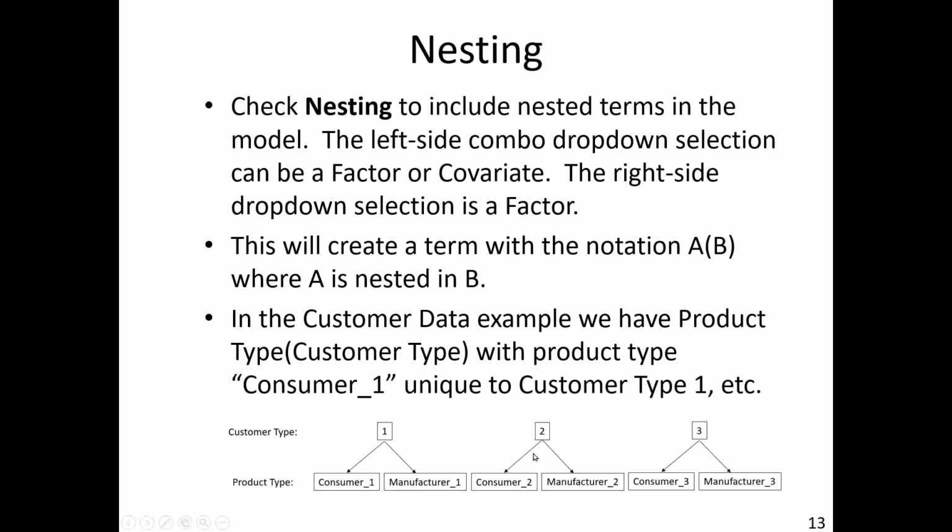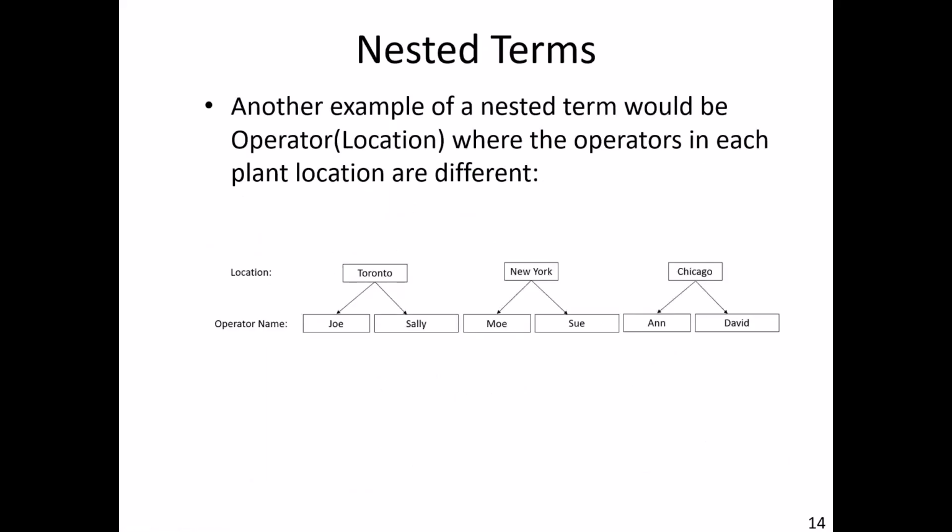Then you have consumer two, which is consumer nested within customer type two, and manufacturer nested within customer type two, consumer nested within three, and manufacturer nested within three. All right, so that's the example that we'll be using. Another example is if you have three locations and you have operators at each location. Obviously, these are different people. So operator is nested within location. So you would use the notation operator parentheses location.